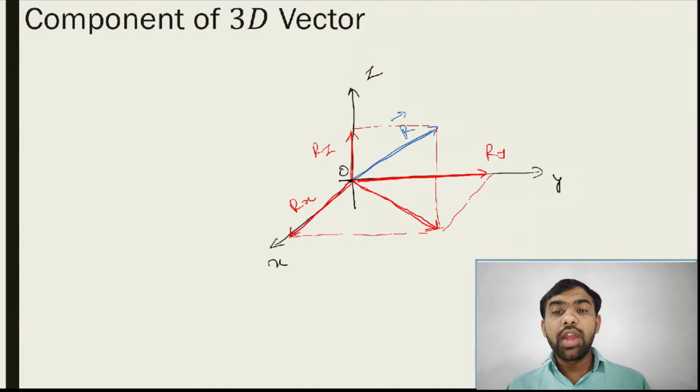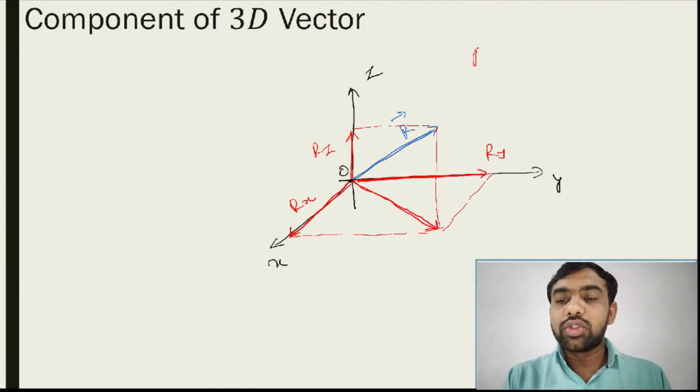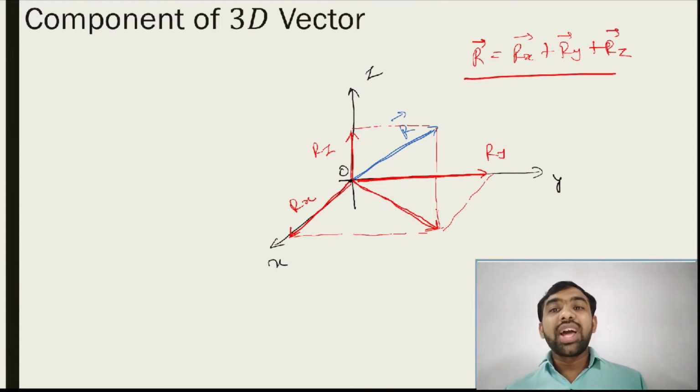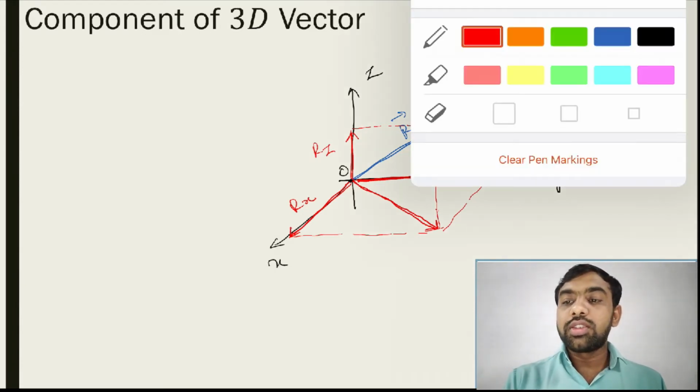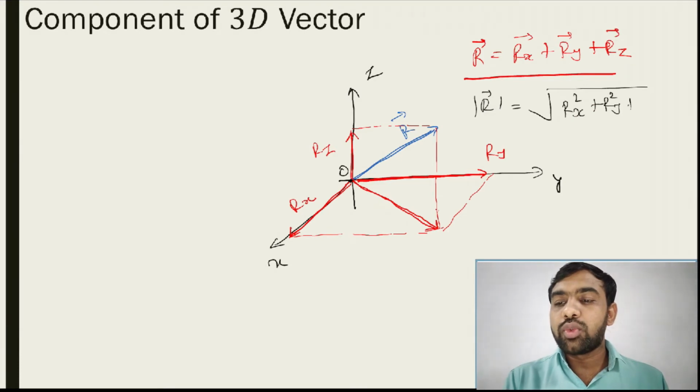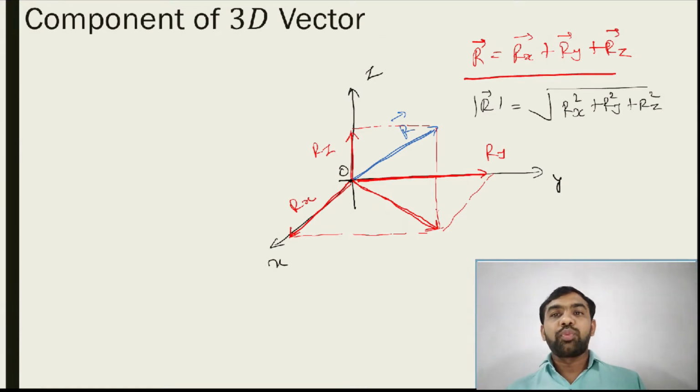Okay. Now, if you consider this situation, then what is r? r is nothing but Rx plus Ry plus Rz, and all are perpendicular to each other. Why? The x-axis, y-axis and z-axis are all perpendicular to each other. So the magnitude of r is under root Rx square plus Ry square plus Rz square.